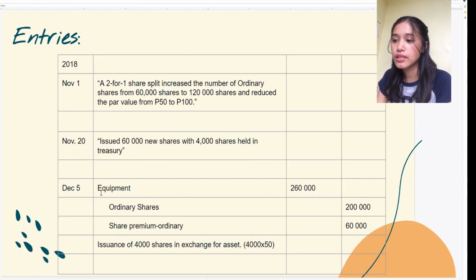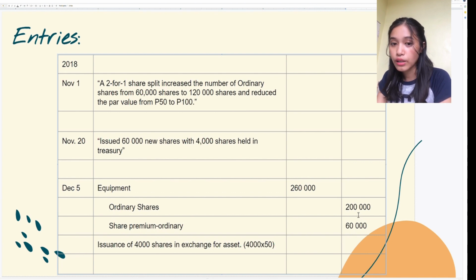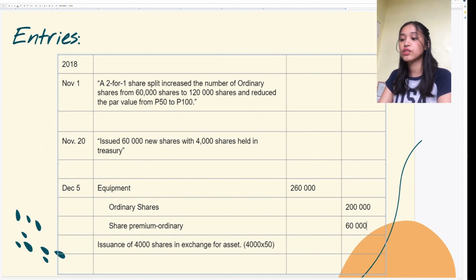To record this, on December 5, we are going to debit equipment for 260,000 pesos and credit ordinary shares at par for 200,000 pesos. The excess will go to the share premium ordinary account, which is 60,000 pesos. Explanation: issuance of 4,000 shares in exchange for asset.